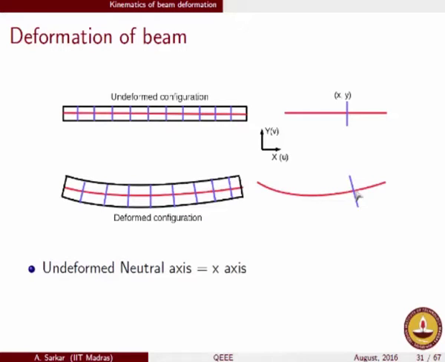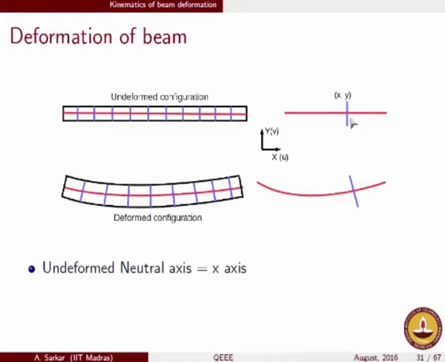We have to determine the equation of this curve, but nonetheless, as we found out, the Euler-Bernoulli beam theory emphasizes the following point: if you take a section which is normal, if you take an area such that the neutral axis is normal to that area, then after deformation also that deformed area will be such that the neutral axis remains normal.